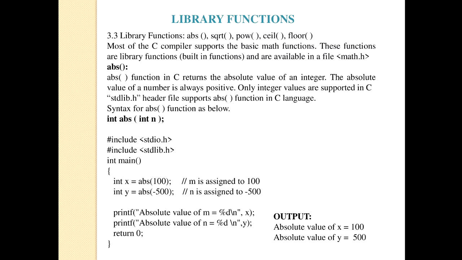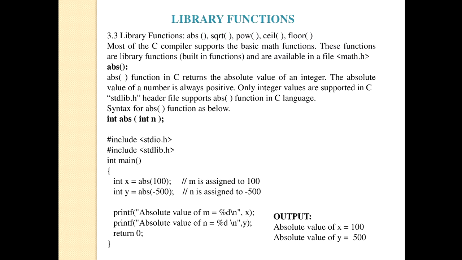Or stdlib.h. Okay, the first function is the abs function. What do you mean by abs? Abs means absolute. This function returns the absolute value of a given number or integer. The absolute value of a number is always positive.